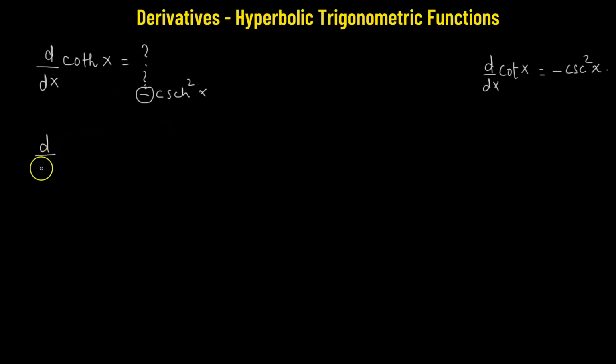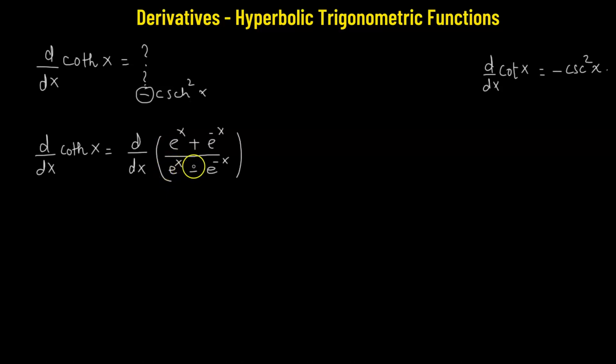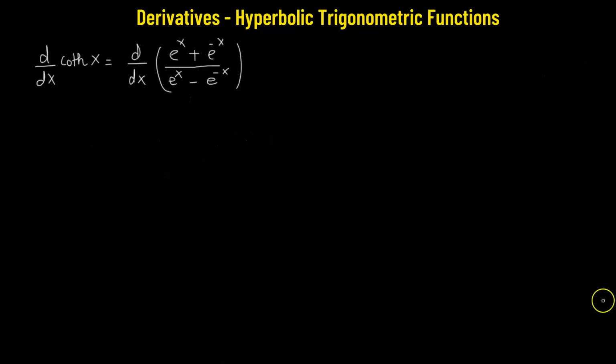So we have the derivative with respect to x of cot hyperbolic x, which is equals to the derivative with respect to x of e raised to the power of x plus e raised to the power of negative x divided by e raised to the power of x minus e raised to the power of negative x. This is the cot hyperbolic function. So that means we need to find the derivative using the quotient rule. So let's try it out.